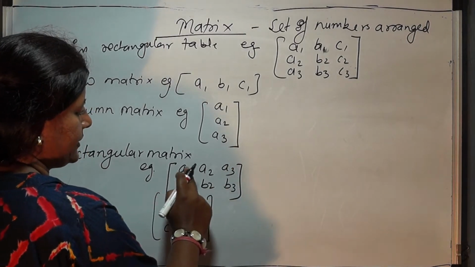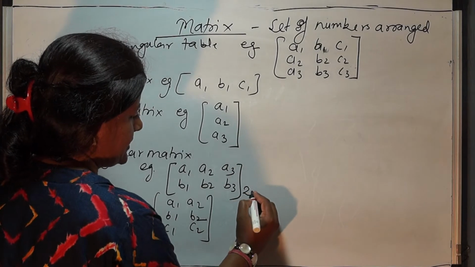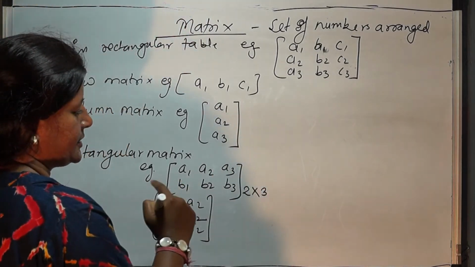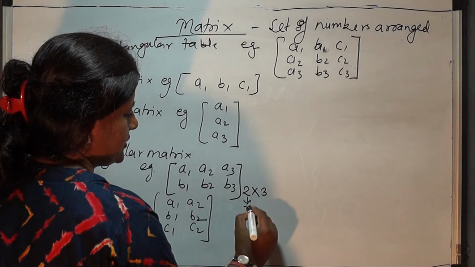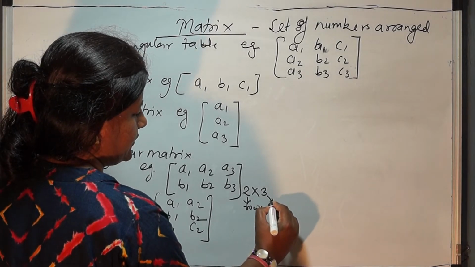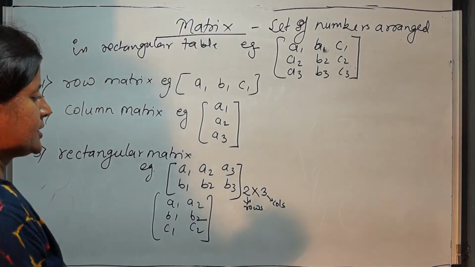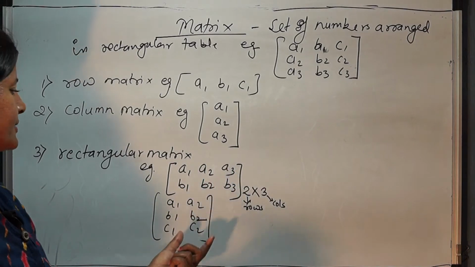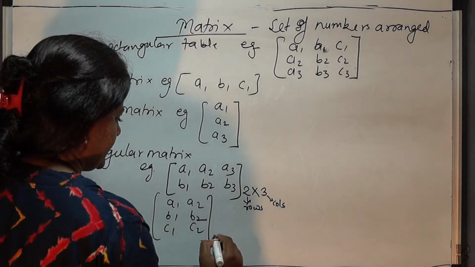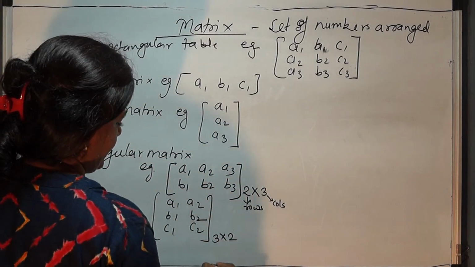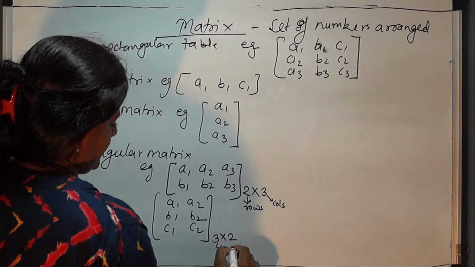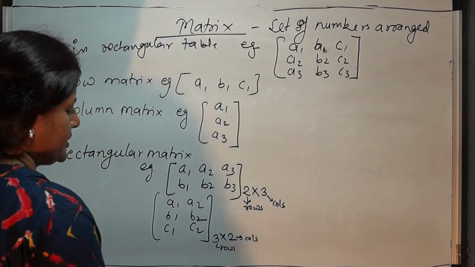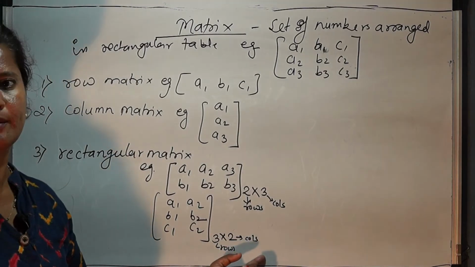So this is called a 2 by 3 matrix. This is a 3 by 2 matrix, 3 rows and 2 columns.